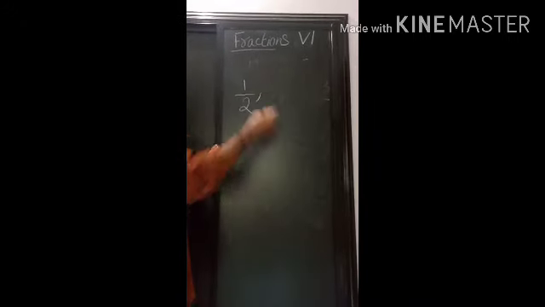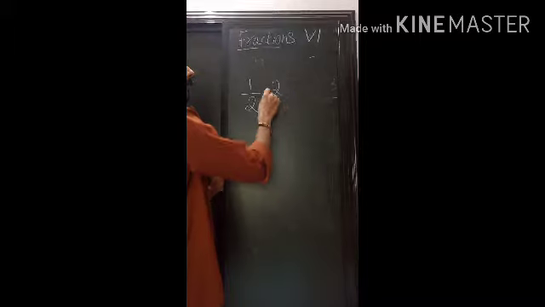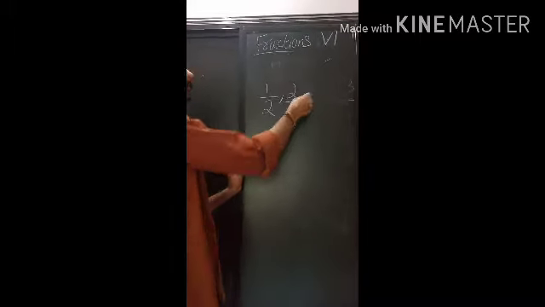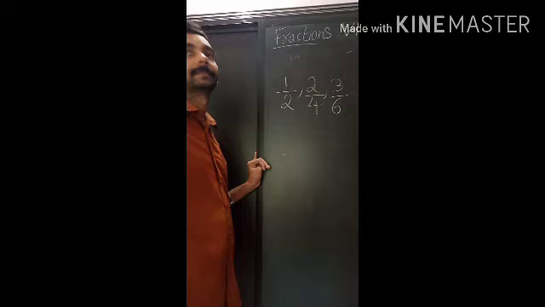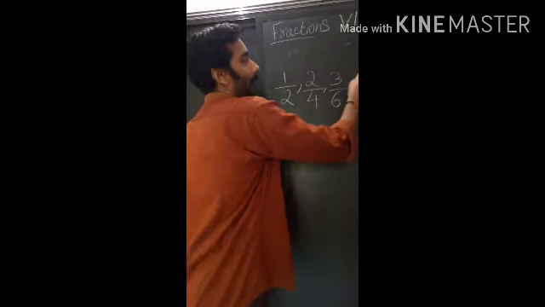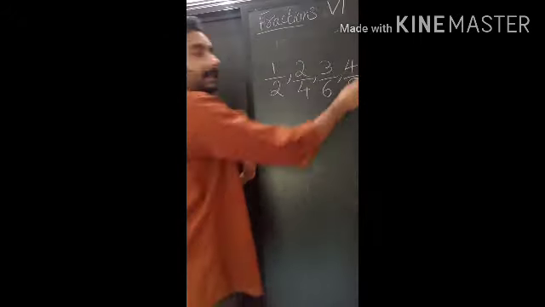An example of equivalent fractions is 1 by 2, 2 by 4, 3 by 6, 4 by 8.